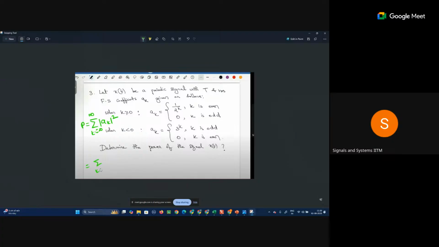K is minus infinity to 0, and k is 0 to infinity of modulus of ak. We can write it in terms of even and odd.